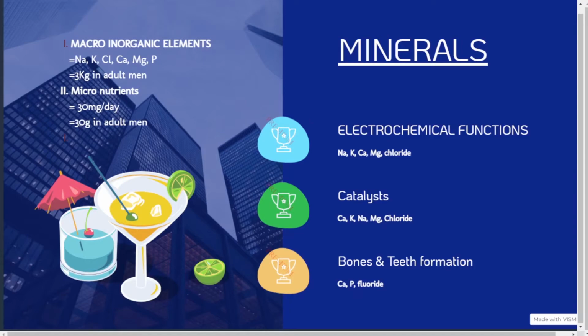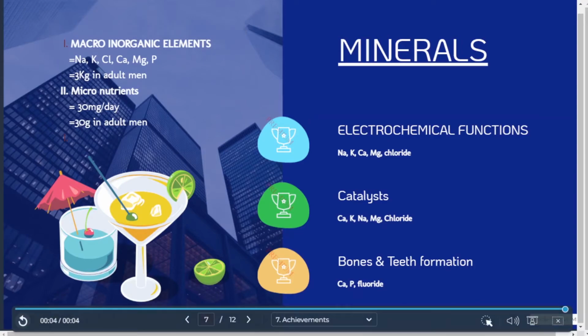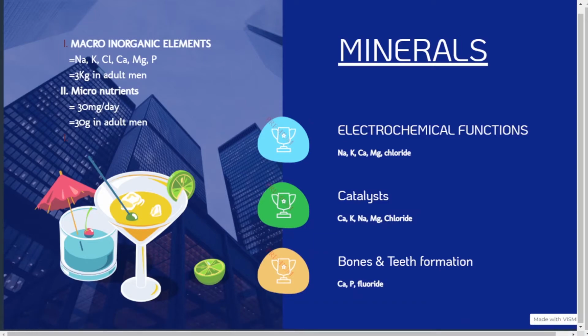Coming to micronutrients, or micro minerals or trace minerals, you have to consume about 30 milligrams per day, and in adult men you'll have about 30 grams. Obviously they are trace elements, so not that much is required.